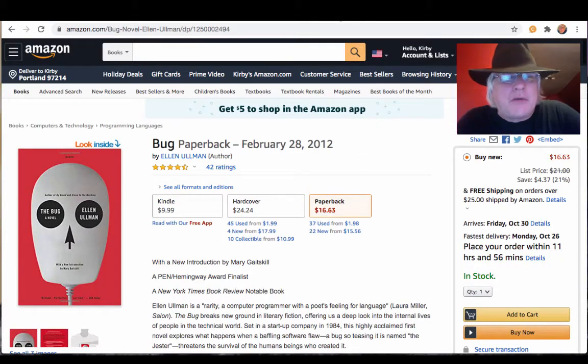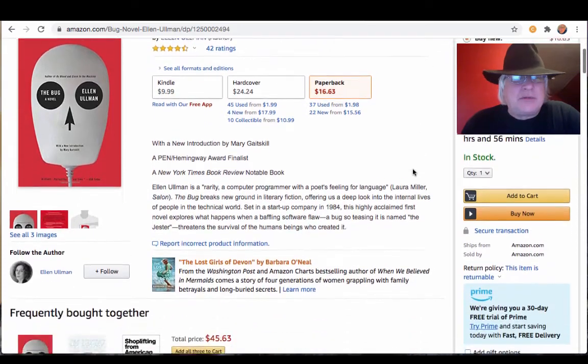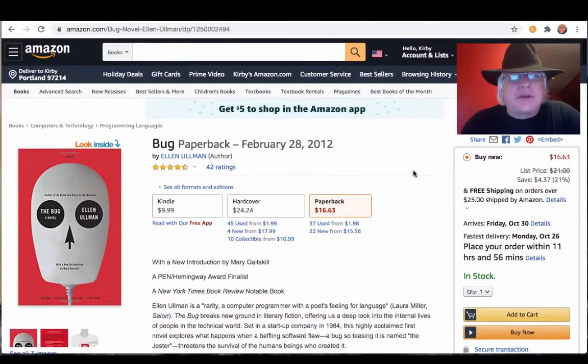By the way, while we're talking about client server and computer terminology, if you're new to this kind of material and you're kind of starting to despair because you don't have a literate novel to read about any of this, here's one of those literate novels. It's called The Bug by Ellen Ullman. I was very educated by all this because she takes her time to give you a sense of the culture. She does good anthropology and doesn't avoid getting into some of the technical details.